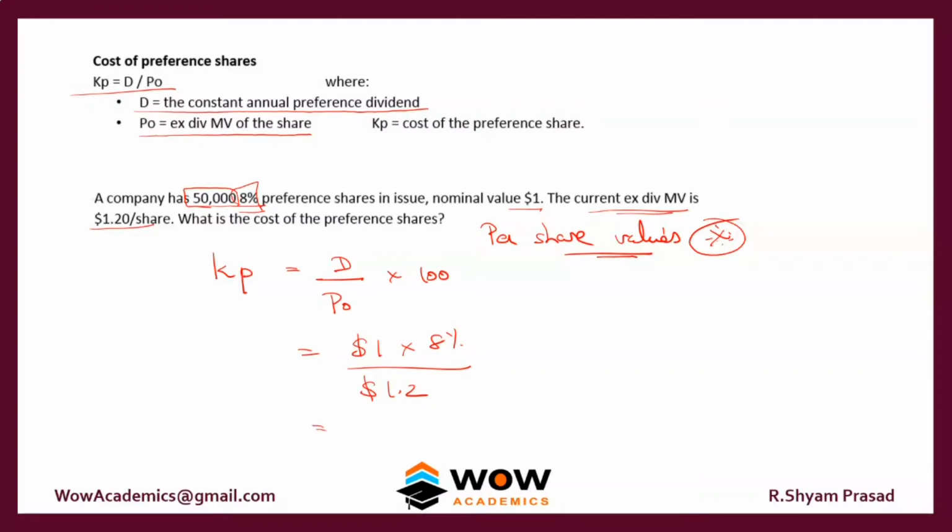The numerator is 0.08 divided by 1.2 into 100. The formula is always into 100, which gives us 0.0667. If you take it as 100, that would be in percentage, that is 6.67 percent.